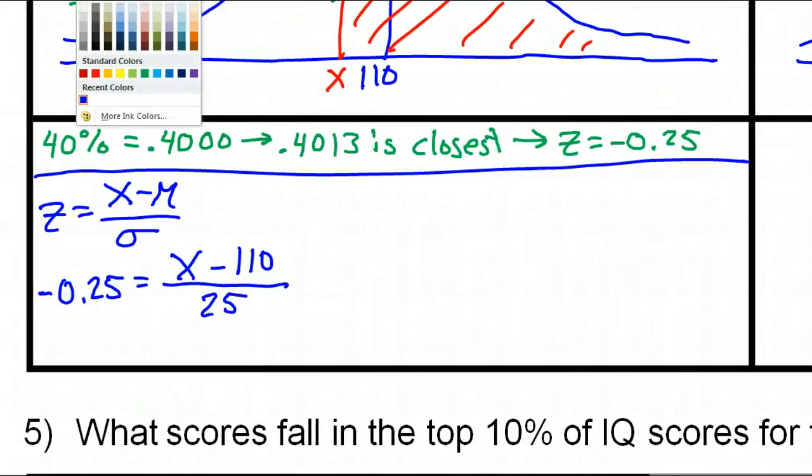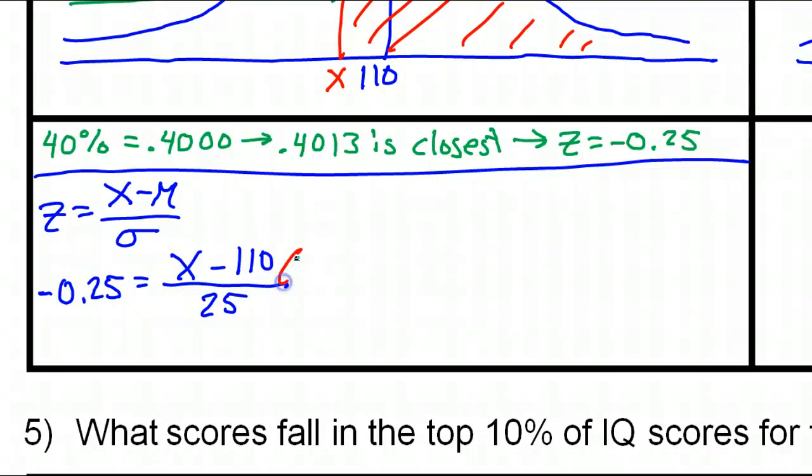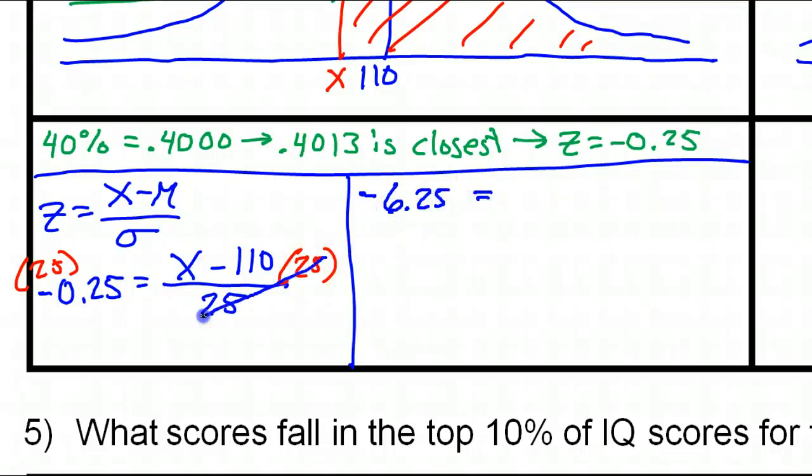I will solve this by multiplying both sides by 25. 25 times negative 0.25 is negative 6.25. These cancel.